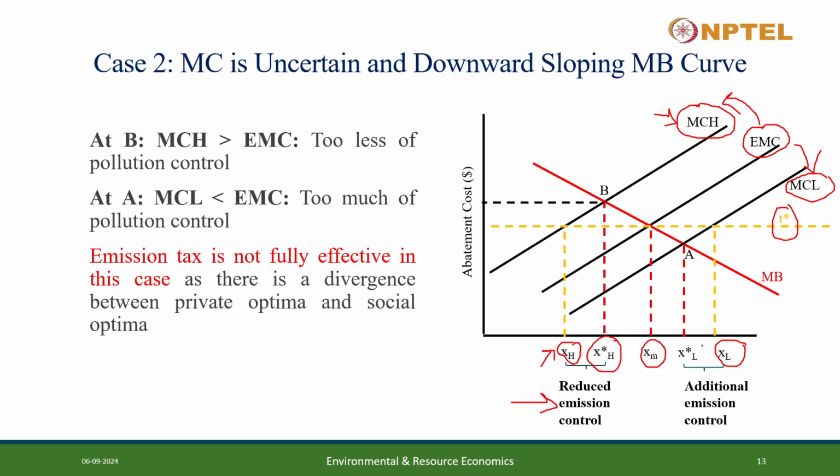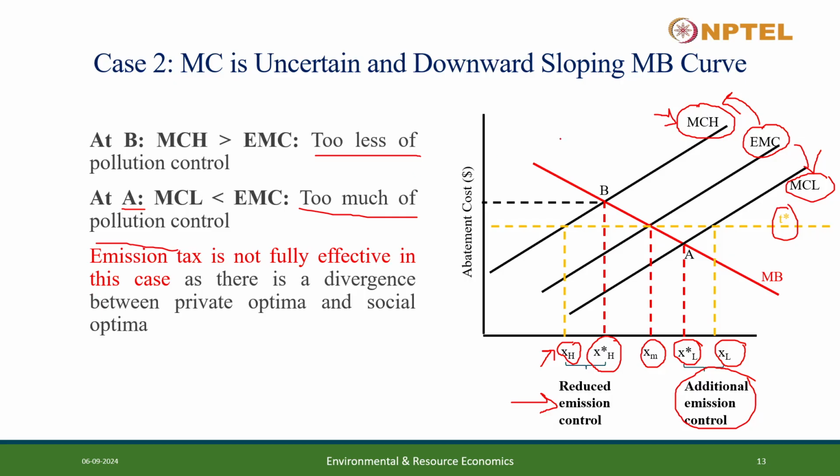However, the optimum level of abatement economically will be XL star. So XL minus XL star will be the additional emission control, which is inefficient. So in case B, there is too little pollution control because there is reduced emission control. And in case A, at point A, there is too much pollution control.